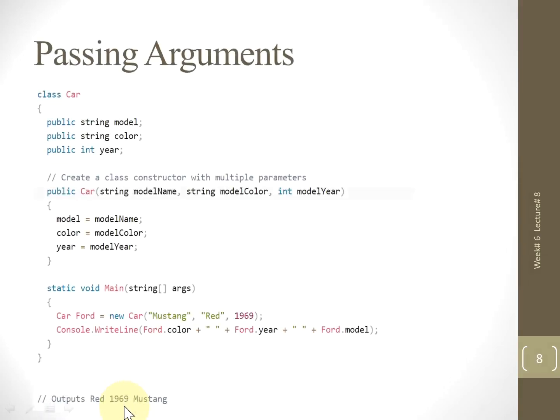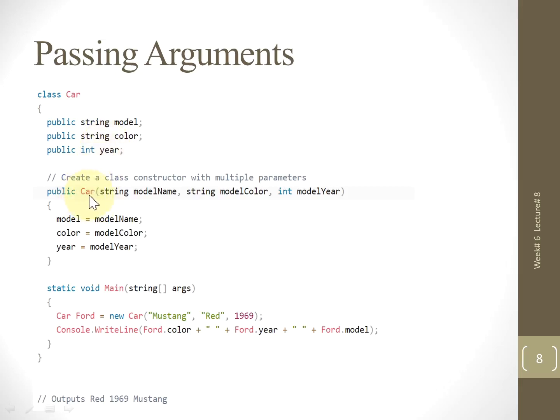Second example about how to pass arguments. Again, the class name is car. We have a public specifier string model, a public specifier string color, and an integer type year. These are the data members declared within the car class, and we created the constructor function.